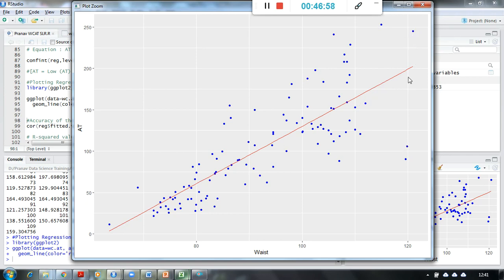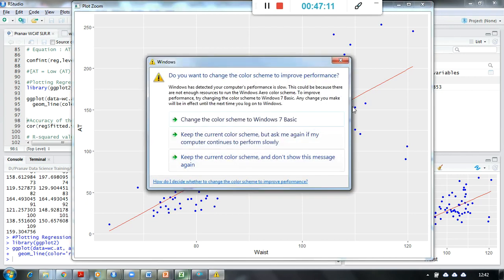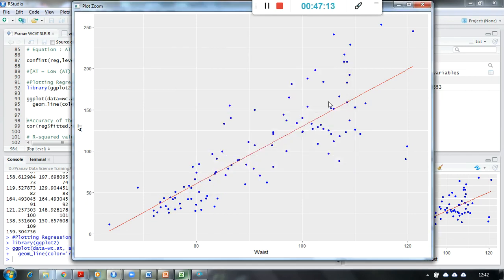For this one it has fitted somewhere here. For this one, exactly this point, it has predicted almost the same value, right?